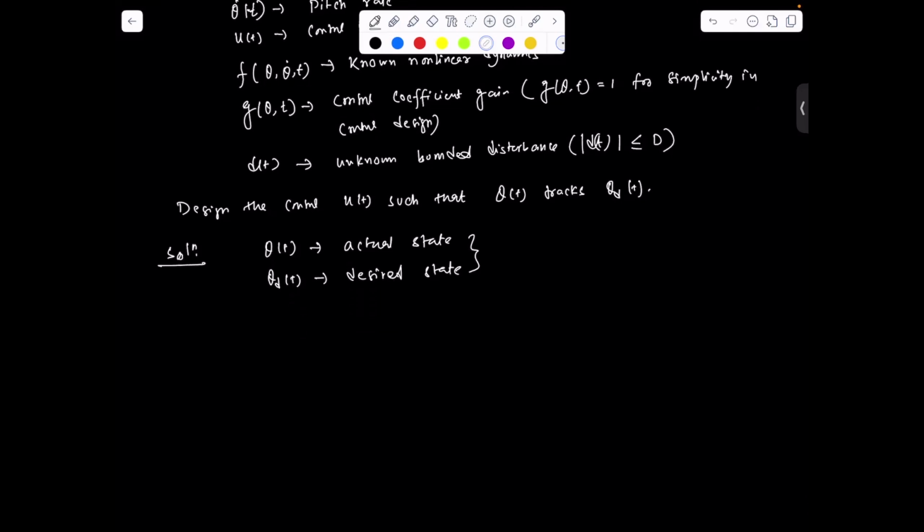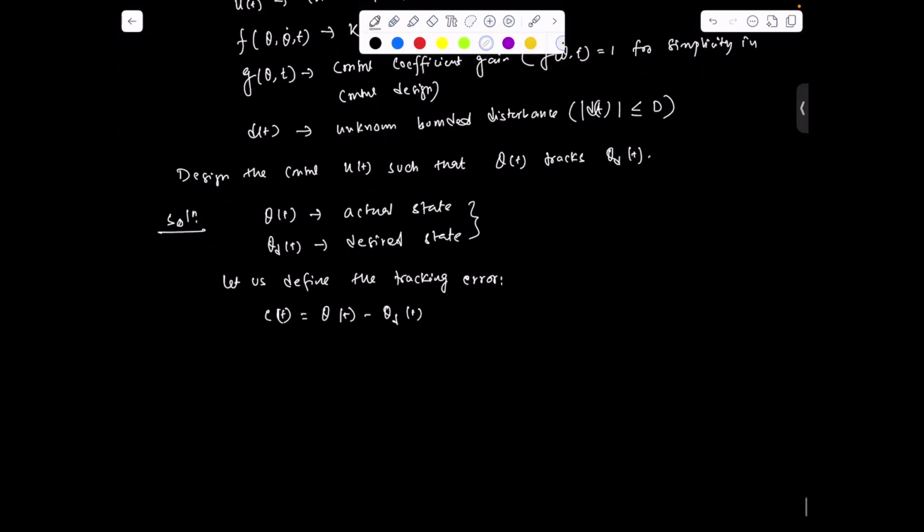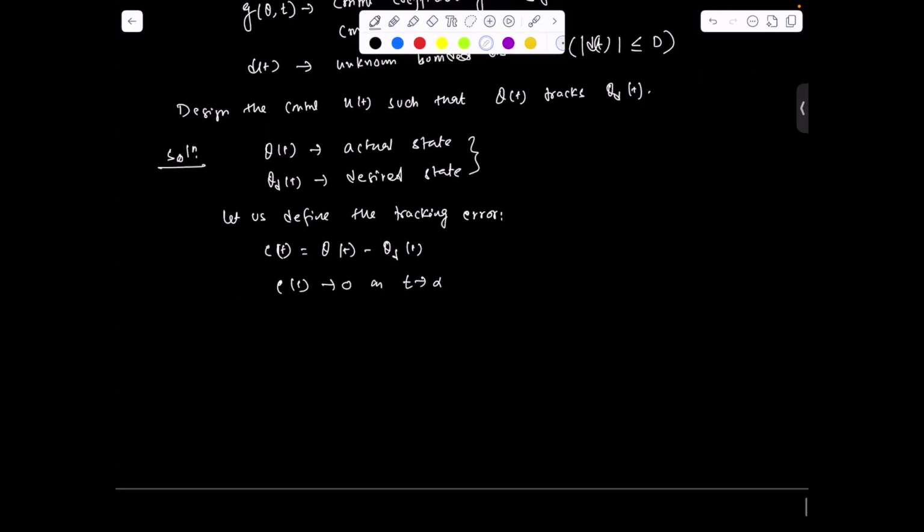So let us define the tracking error as e of t equal to theta t minus theta desired t. So our goal is e of t goes to 0 as t tends to infinity.